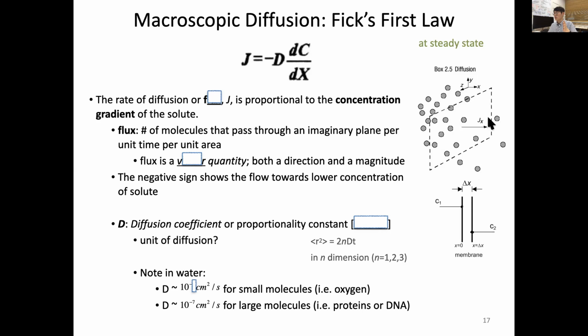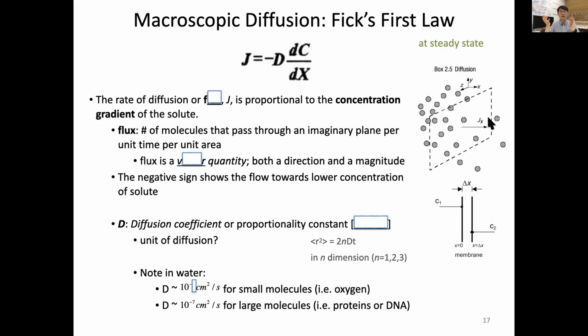We want to define the concept of flux, which I already talked about before. Diffusion is the spread of these particles, so we want to describe it with the area here. We want to count the number of particles through this area per unit area and per unit time.